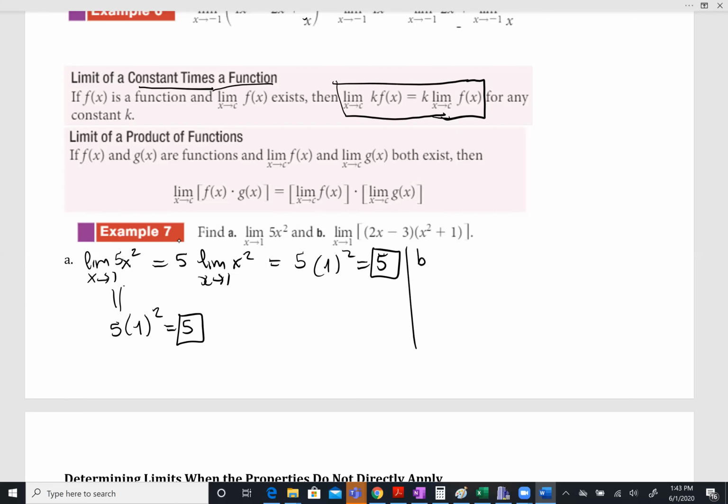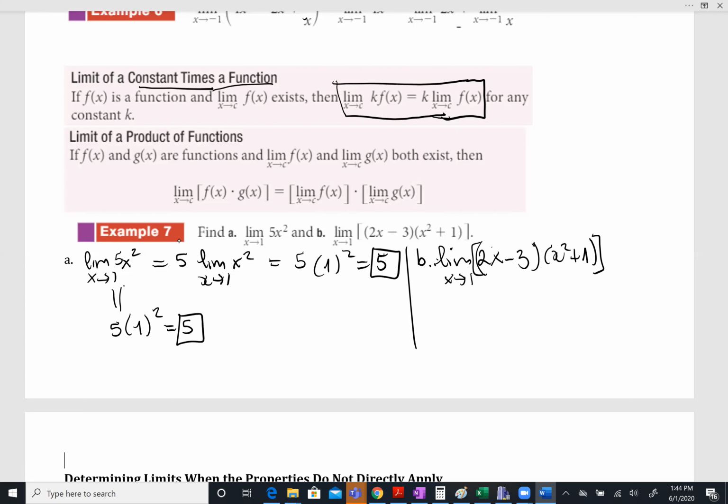Okay, so what about B? In B, you see that there is the limit of 2x minus 3 times x squared plus 1. Maybe you want to think about distributing inside the argument of the limit, but no, you don't have to do that.